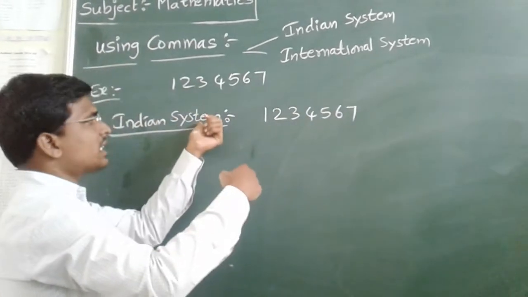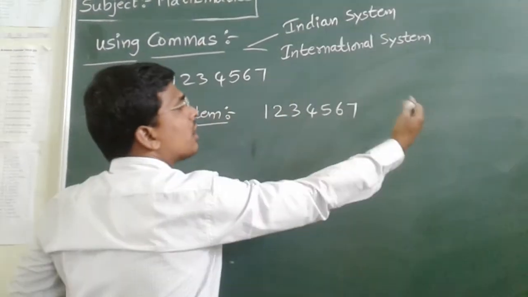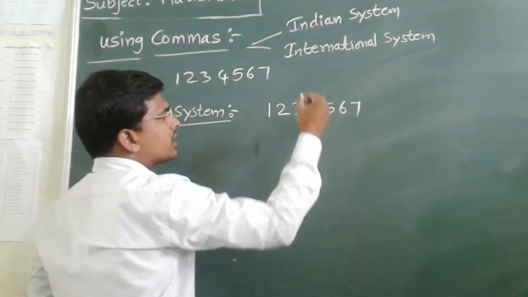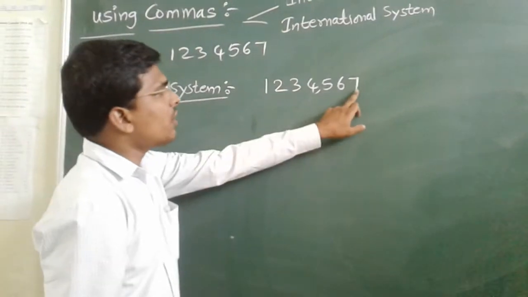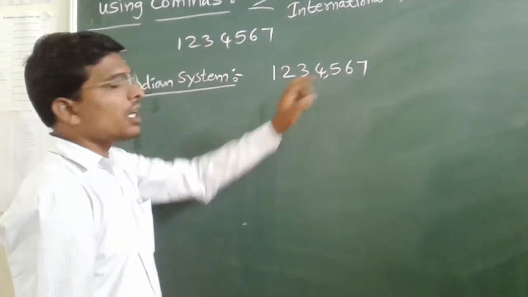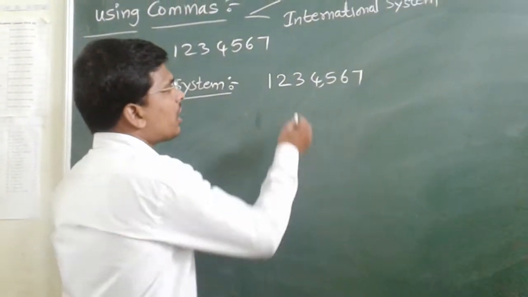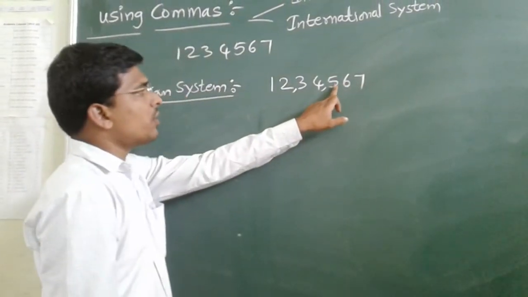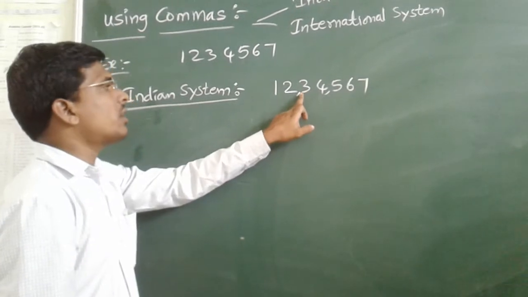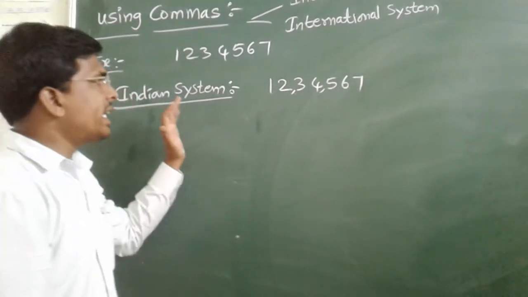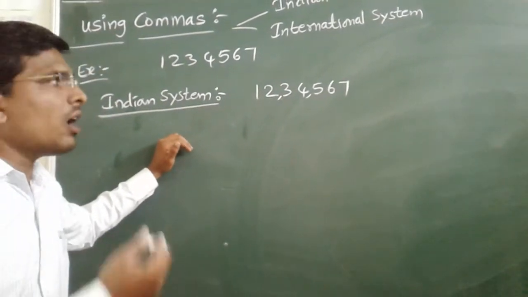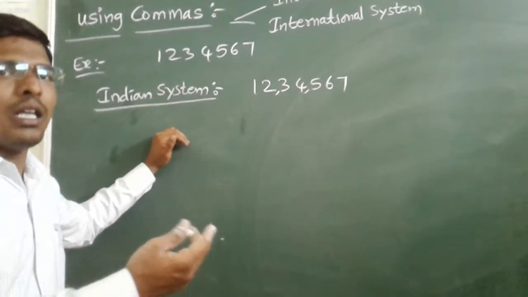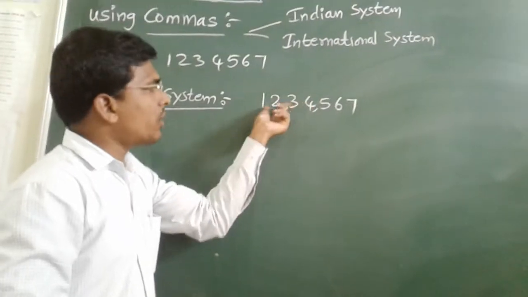In the Indian system we keep the comma from the right hand side after the first three digits, then after every two numbers. So 7 6 5 comma 4 3 comma 2 1.